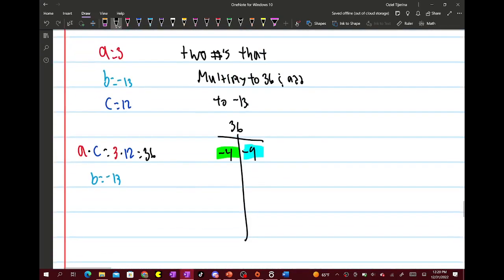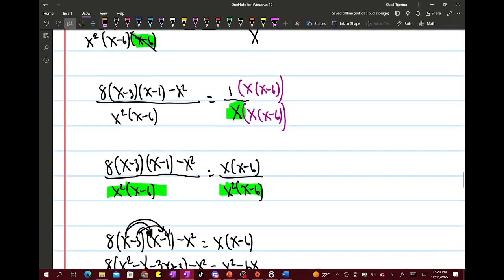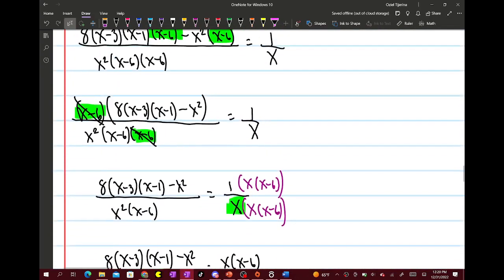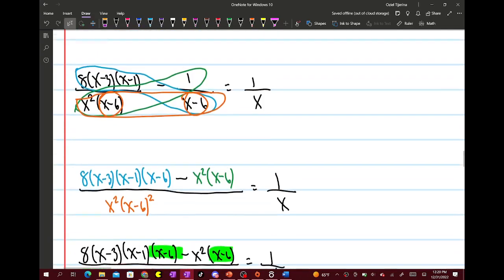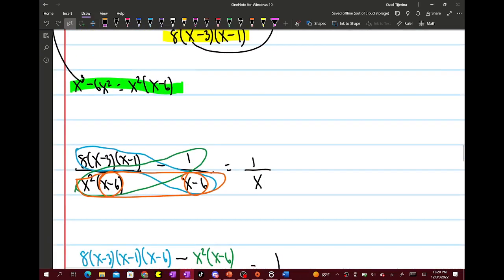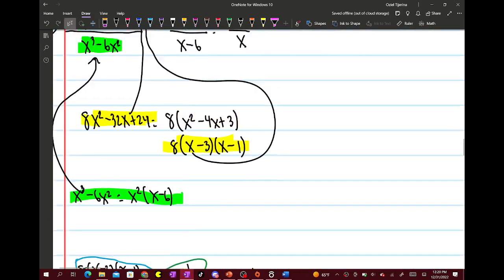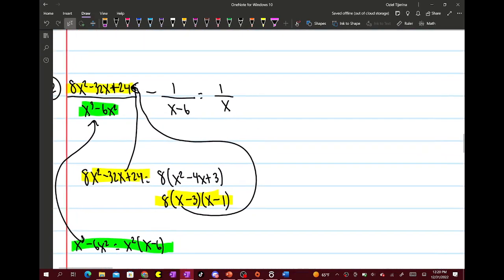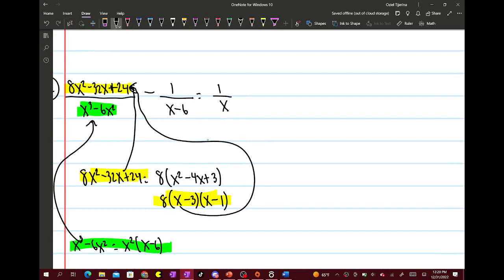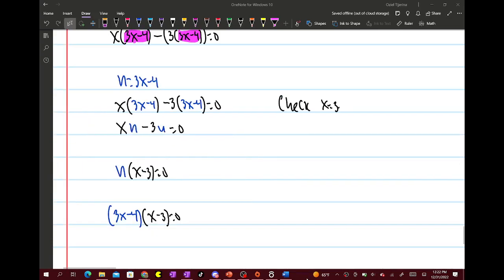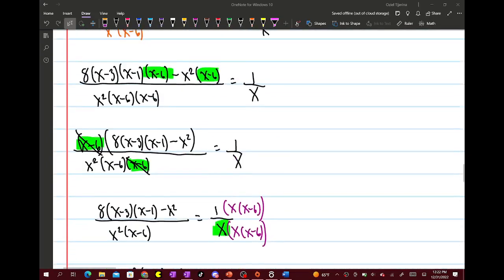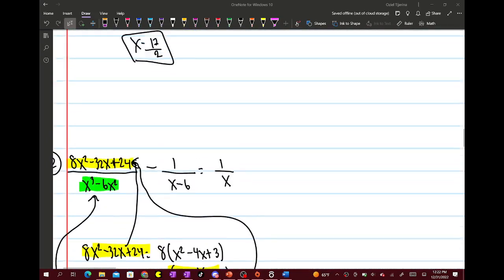Now, looking at the restrictions that we had at the very beginning, x minus 3 was not a restriction, but we're going to go ahead and check it. When I check x equals 3 by plugging it into the calculator for the original equation, it checks out.